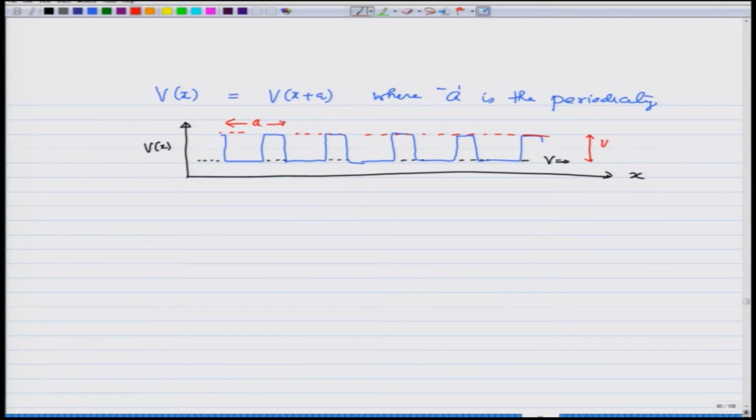So, this is the period a. So, this potential V(x) is equal to V(x plus a).